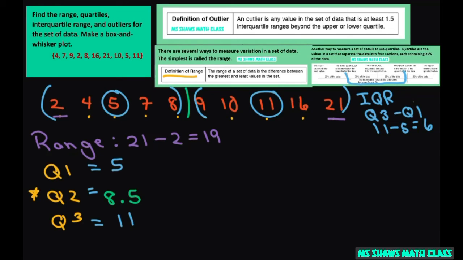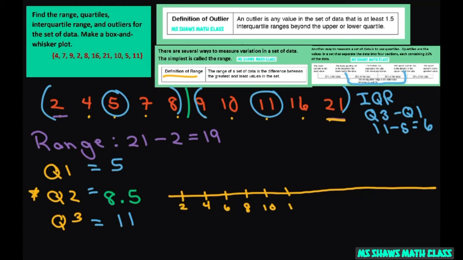It's better to go by ones, but we have this 21, so I'm going to go by twos: 2, 4, 6, 8, 10, 12, 14, 16, 18, 20, and 22. I'm going to use that as a guideline. Now my lower number is 2 and my higher number is 21, so it's going to be in between right there.